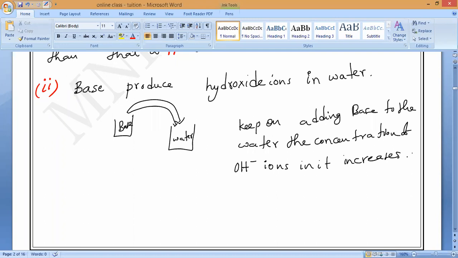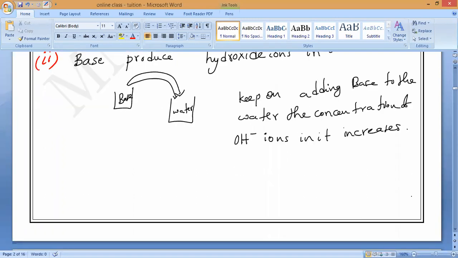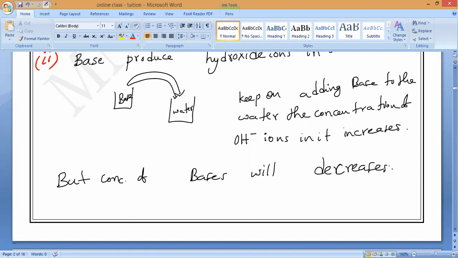But the concentration of base will decrease or increase? The concentration of base decreases. Ions will increase, but the base will decrease. That is what you have to remember. So in any kind of base, a basic solution will form when they dissolve in which substance?